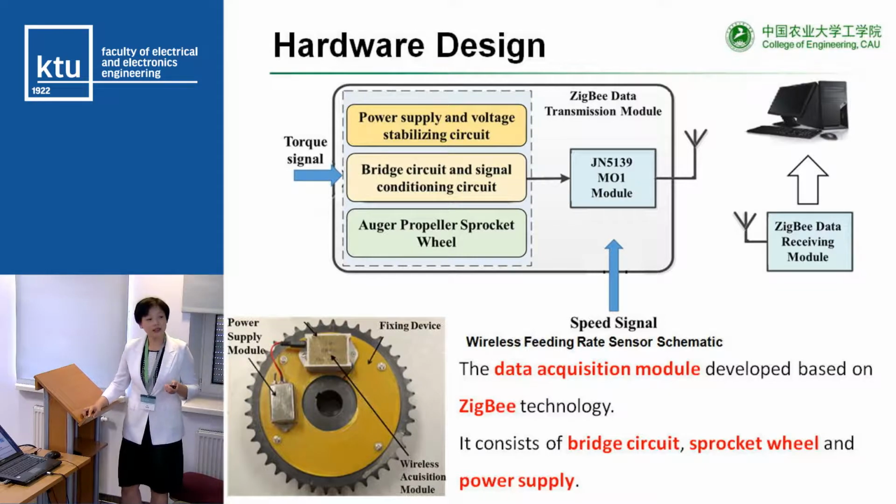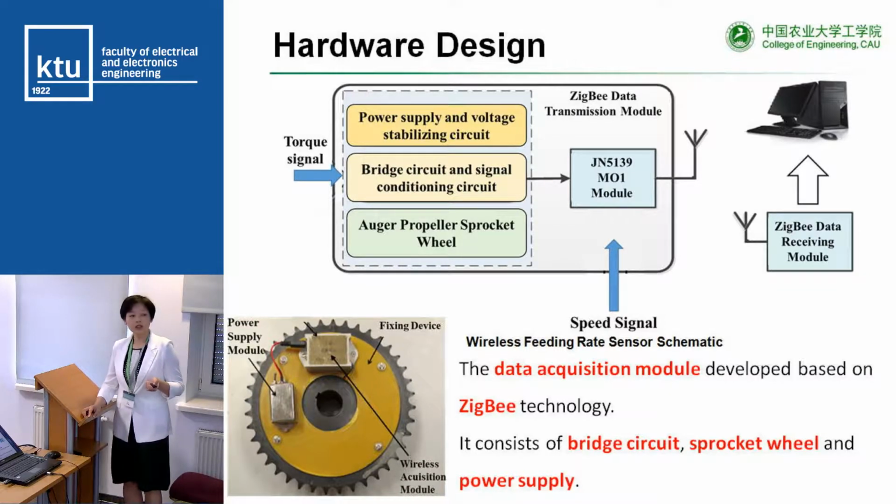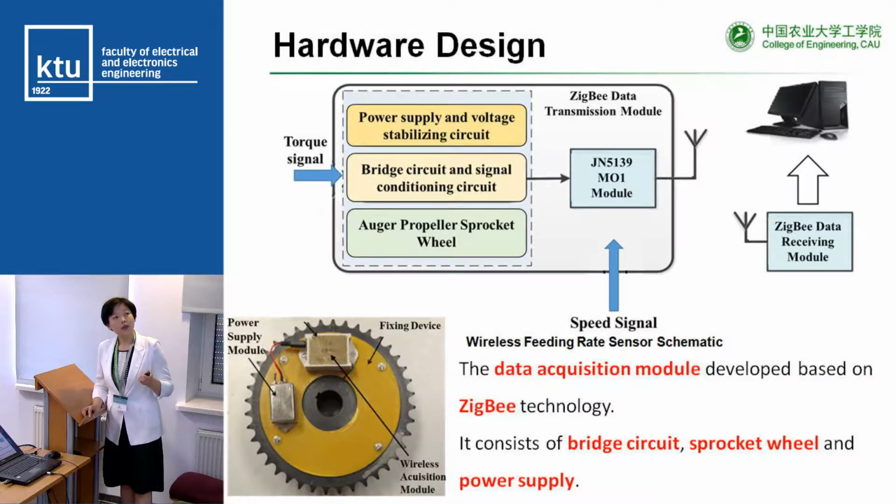This is the picture of our detection system, which has 3 parts. One part is the power supply, which is very important, another is the bridge circuit and signal conditioning circuit, and this is our refit sprocket wheel inside. The torque signal is transmitted by the Zigbee module.